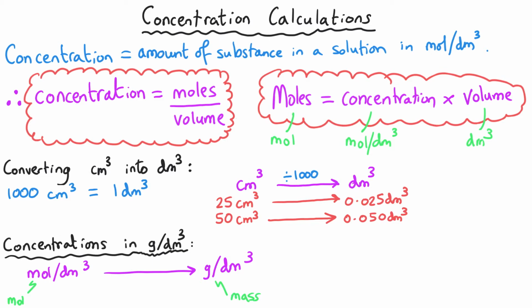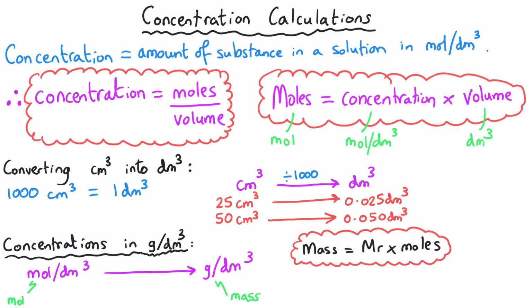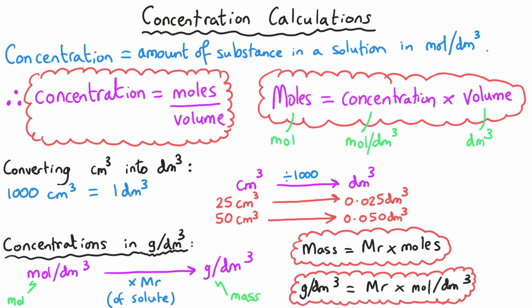And since we know that mass equals Mr times moles, we can therefore say that what we need to do is turn our moles per decimetre cubed into grams per decimetre cubed by multiplying by the Mr. You need to remember that moles per cubic decimetre multiplied by the Mr of whatever solute is dissolved in it is going to be turning that concentration into grams per cubic decimetre.